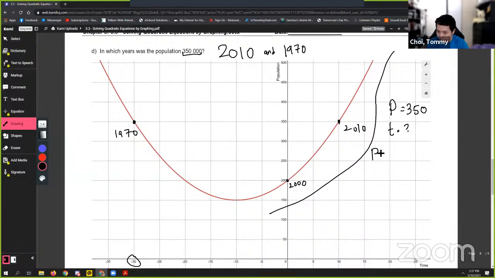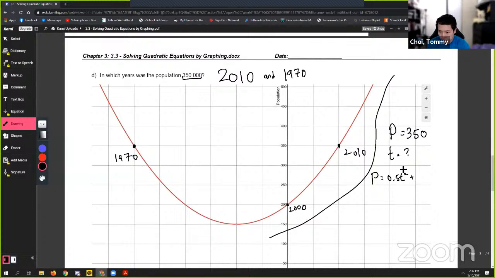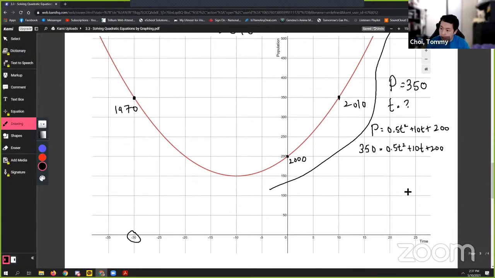And so we have our equation that we had earlier, 0.5 t squared plus 10t plus 200. So we plug it in: 350 equals 0.5 t squared plus 10t plus 200. We're trying to solve for t. And what did we just learn today?